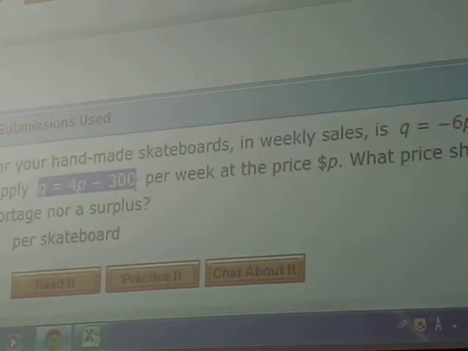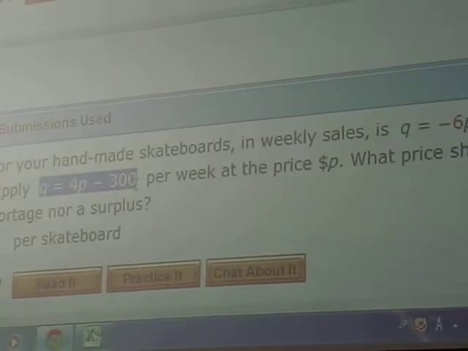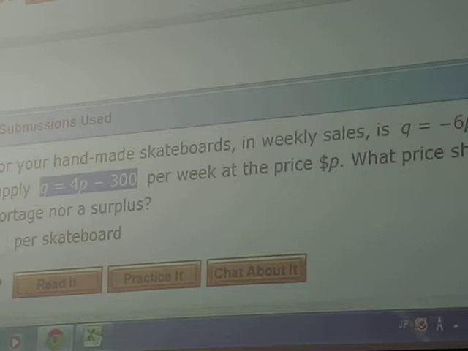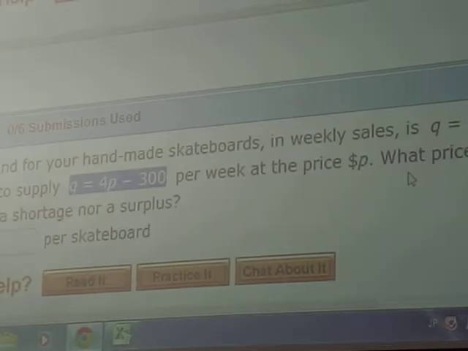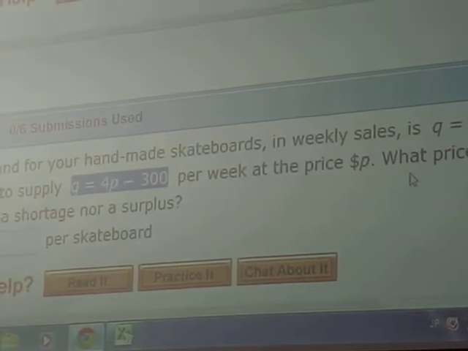Then we have also this one for supply. What is the slope of this one, positive or negative? Positive. What is the slope of it? 4, right? That's positive. So this is supply, it's increasing. This is demand, it's decreasing. They're asking for the equilibrium price. Is that going to be hard to find or easy to find in this problem?